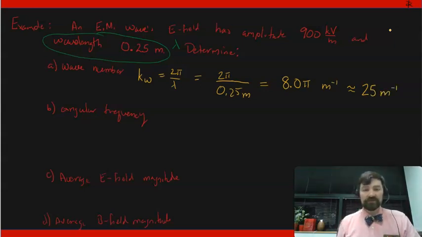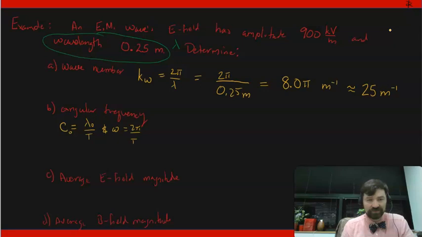The angular frequency takes a little bit more doing. So you can get it via figuring out what the period is, and we know that c naught, the speed, should be the wavelength divided by the period, and that omega is 2 pi divided by period.